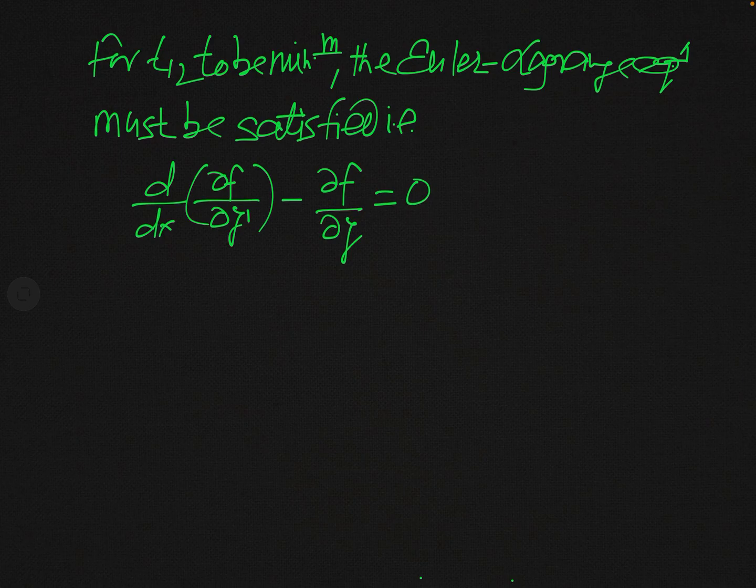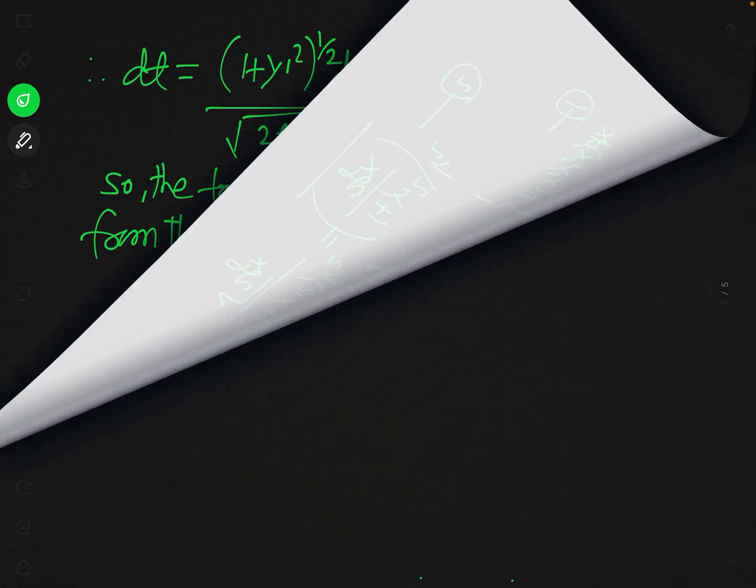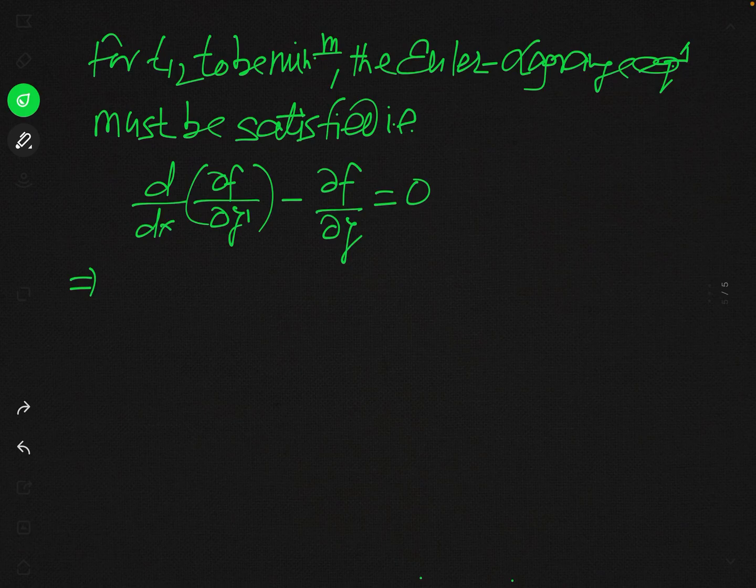Now let us substitute the value of f in this equation, and you can see here what is this f. We have already obtained the value of f here in this equation 2. So now we will substitute this value of f in this equation.